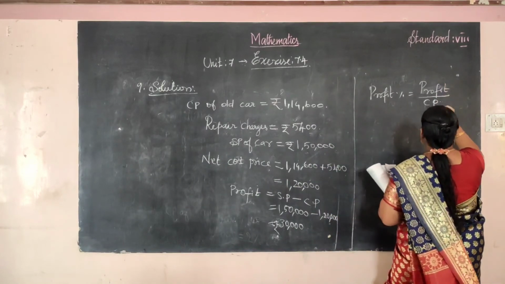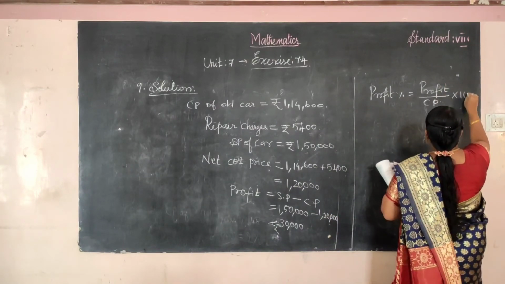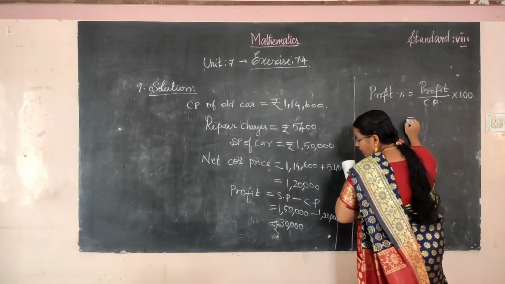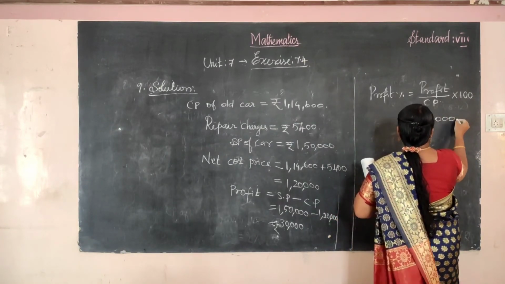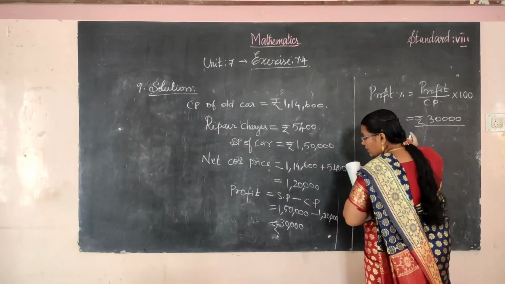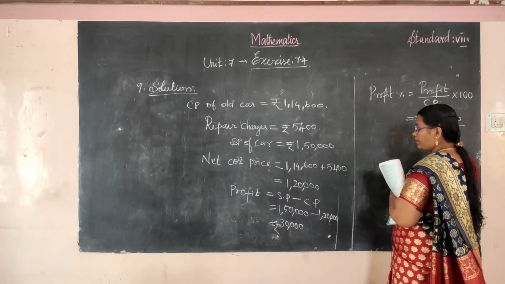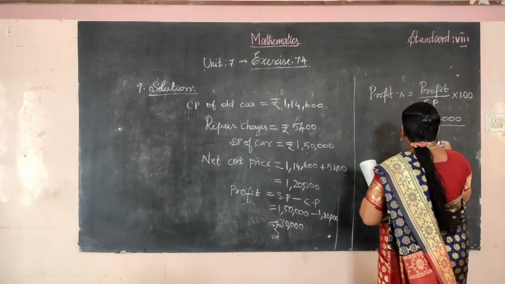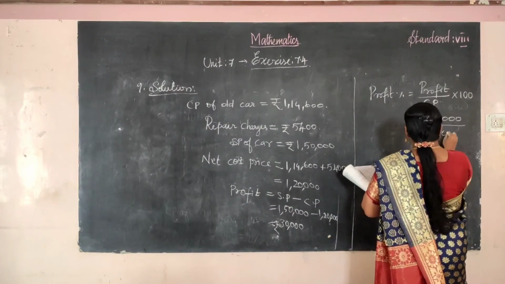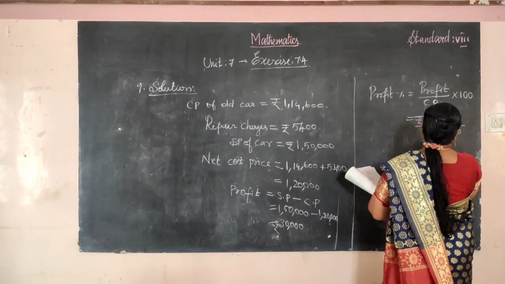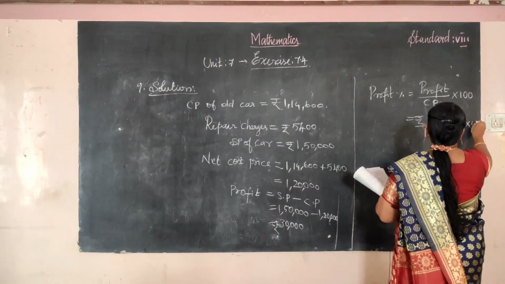So the profit value is rupees 30,000 and cost price is 1,20,000 into 100.